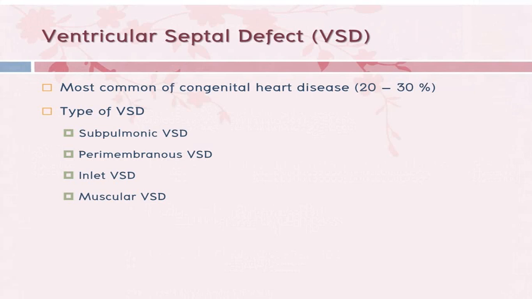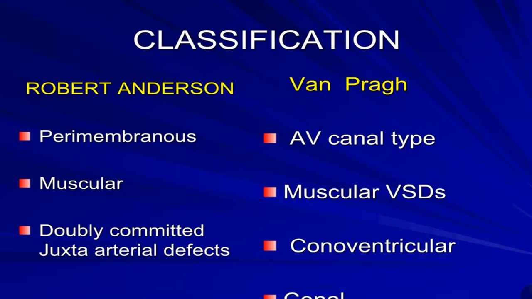It is the most common congenital heart disease, accounting for nearly 25 to 50% of the cases. We have already mentioned subpulmonic, perimembranous, inlet and muscular VSD. There are different other terms also being utilized by different persons. Here it is AV canal, muscular, conoventricular or canal defects.